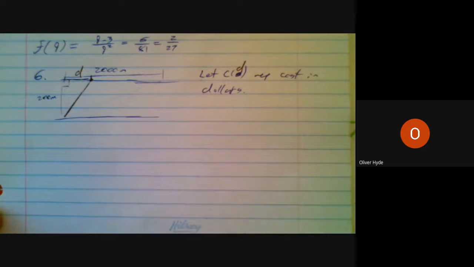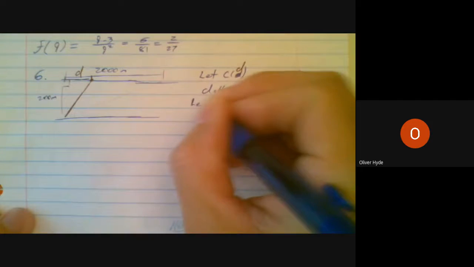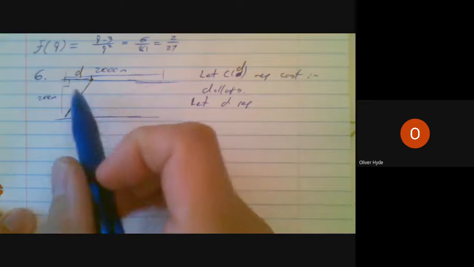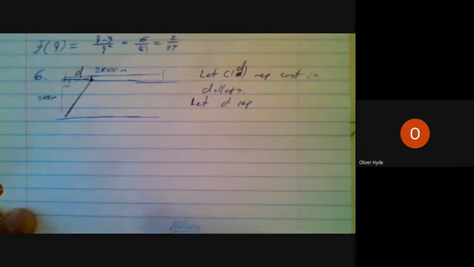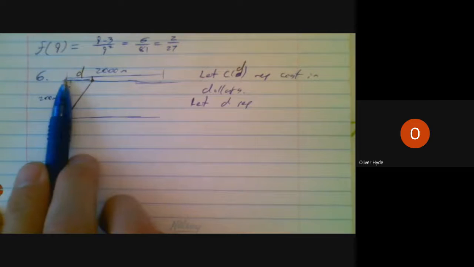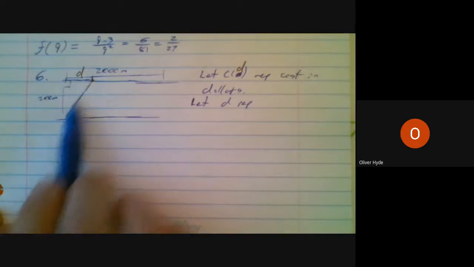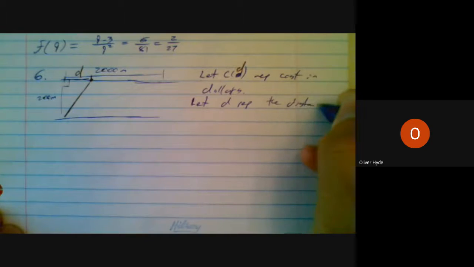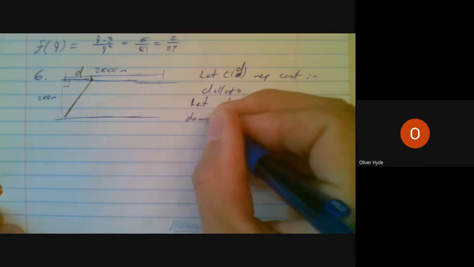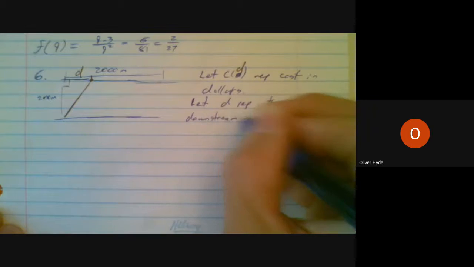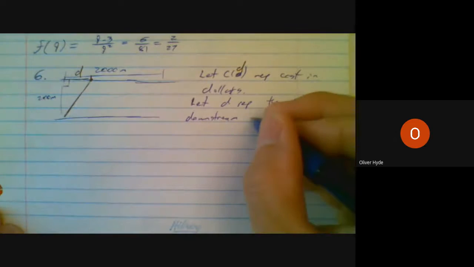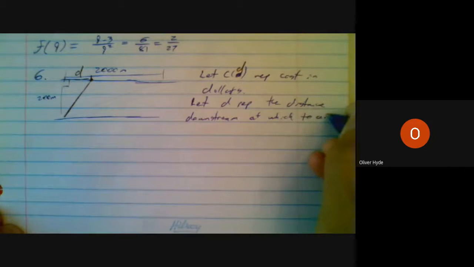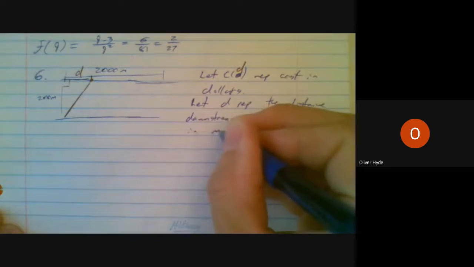Okay, let's let D represent the distance downstream at which I want to aim. Is it downstream or upstream? Doesn't matter. At which to aim in meters.